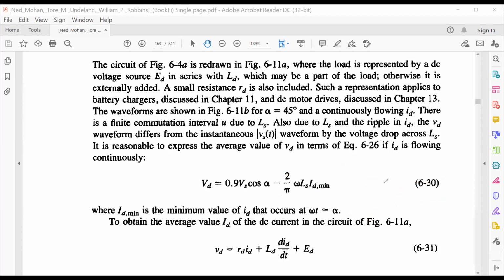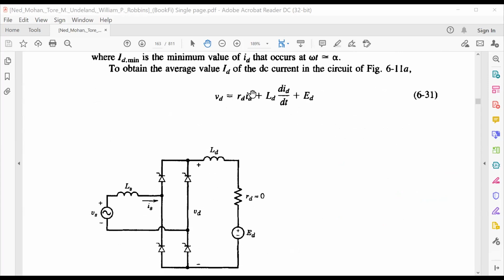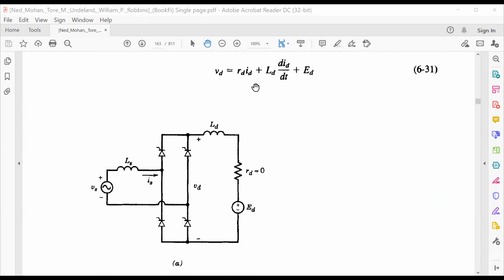And if we go to the output side, here to here we are applying the Kirchhoff's voltage law. VD must be equal to LD dID by dt, plus RD ID, plus ED. It is already an average value.